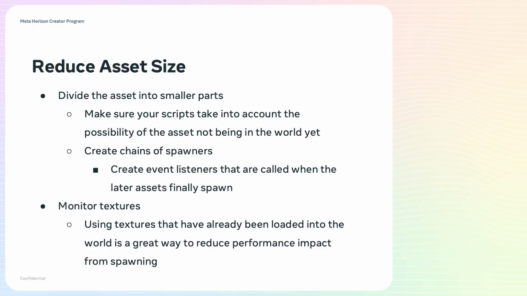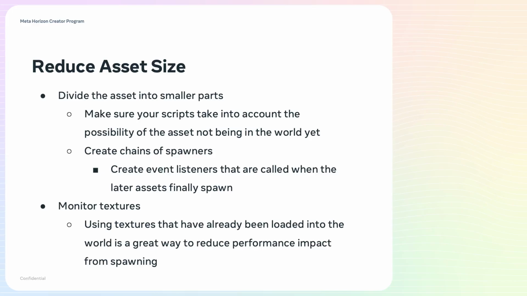I want to make sure that it doesn't do any behaviors, like, let's say it was supposed to shuffle all the coins and put them in new locations, like in a hide and seek kind of game. Well, those coins have not spawned yet. So what I'll want to do is create an event on those coins where it's going to say to the game, "Hey, we've spawned." And maybe the game is aware that there are only 8 coins in the game. So once I get the 8th call of that event, then I can start the shuffle logic, right? So that's just one of the things to take into account when splitting up your assets.